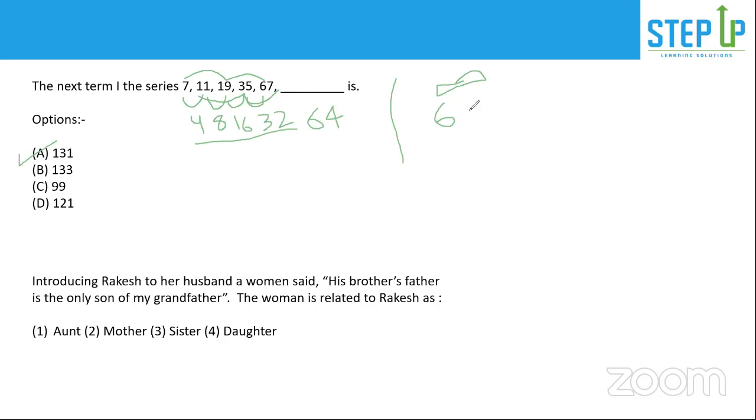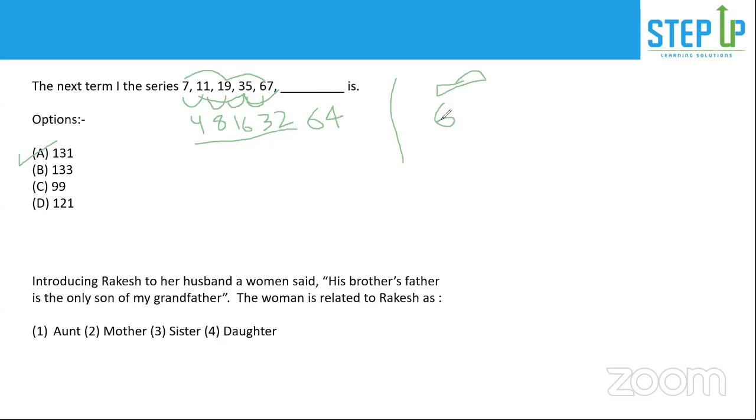Then what could be the third trick? The third trick is to see how the numbers are progressing. If the numbers are progressing by a smaller margin, it is likely an addition of certain numbers. However, if you see a very fast increase, it is more likely to be a multiple, like 7 into 1 is 7, 7 into 2 is 14, into 3, into 4, into 5, and so on.